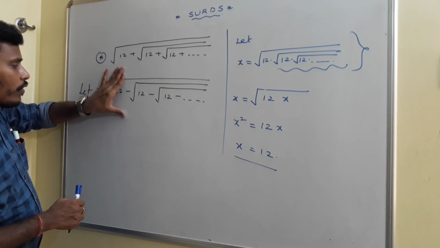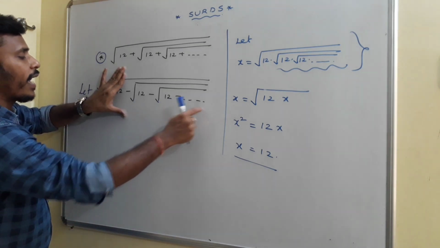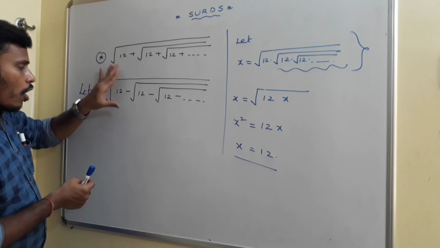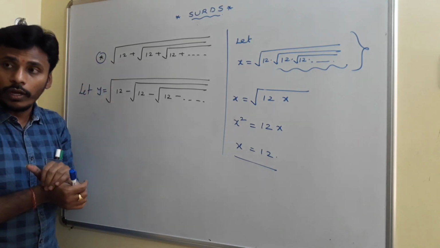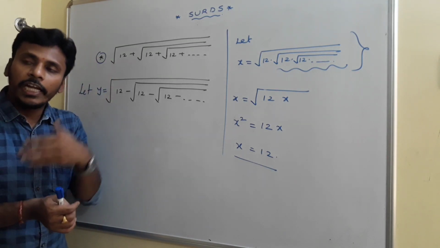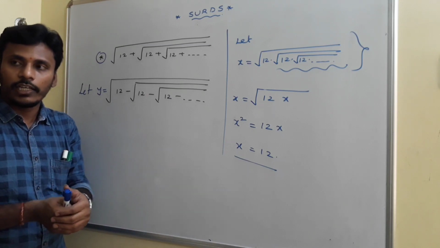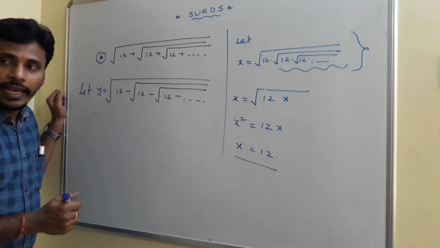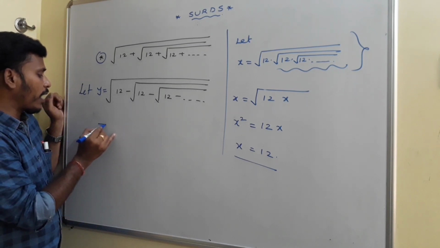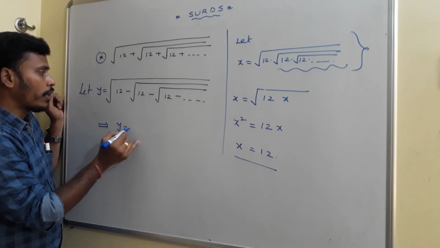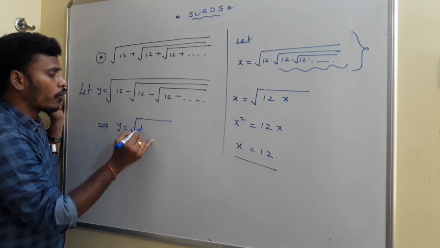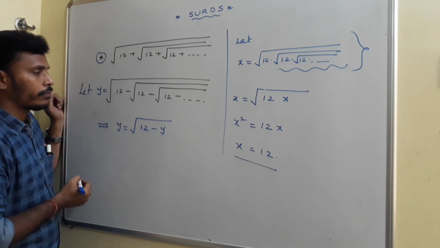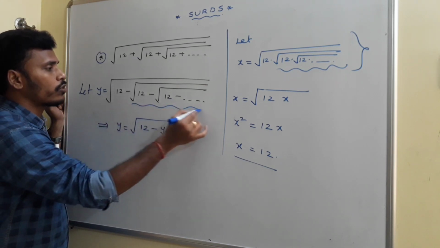If one root 12 is removed, the whole problem again looks like y only, because there are infinite number of root 12s. Removal or addition of one 12 won't affect the total problem. So if you remove one root 12, the whole problem looks like y again. Then it becomes y is equal to square root of 12 minus y. See, the whole thing looks like y.